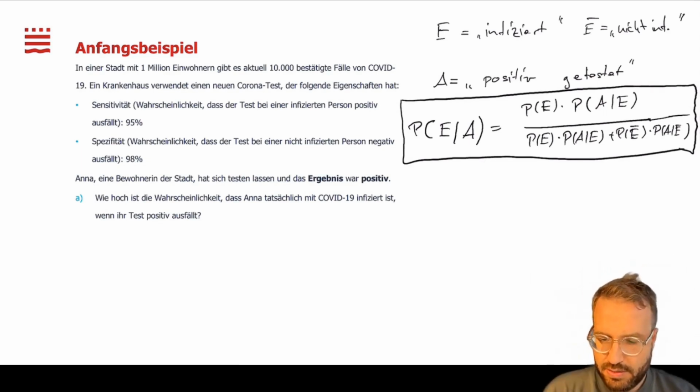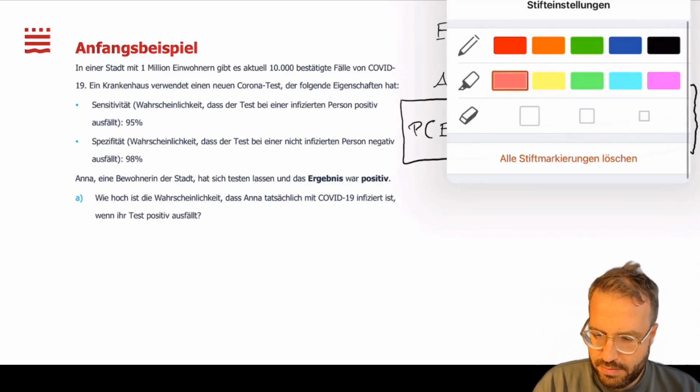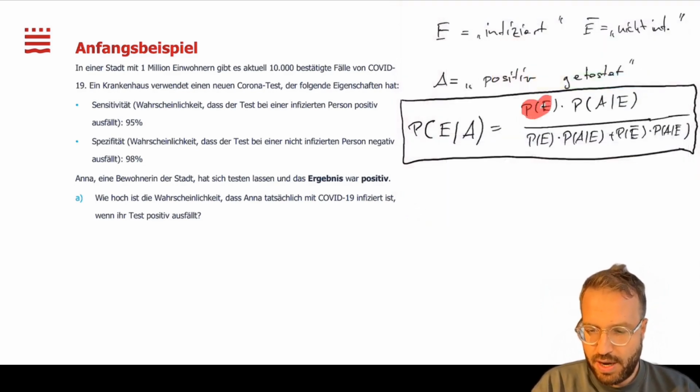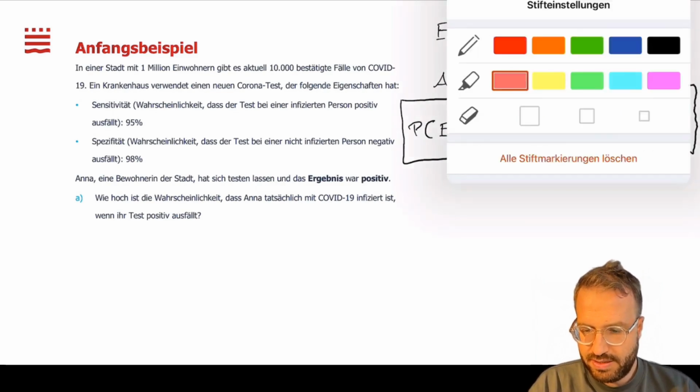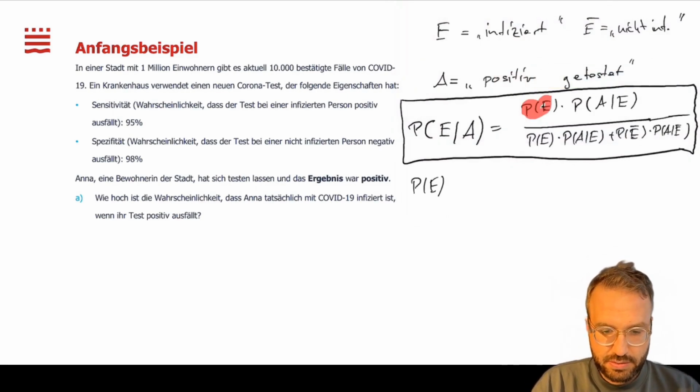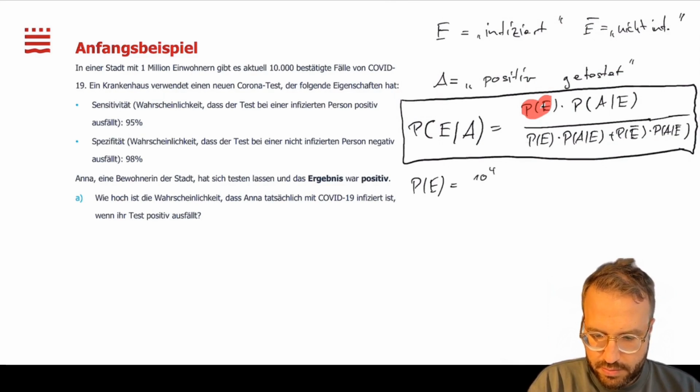Let's start with P of E. So, how high is the proportion of infected individuals? We know this because it is the incidence of 1 in 100. That means approximately 10 to the power of -2, that is 1/100th.